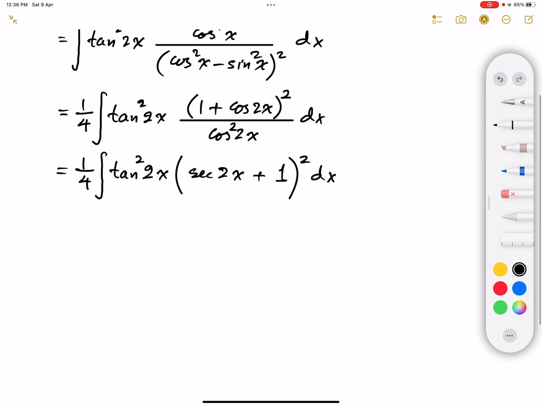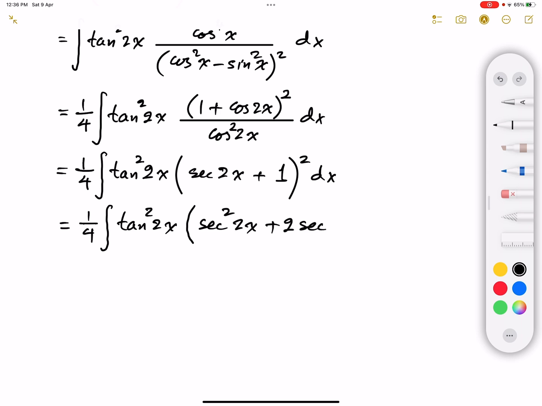Then we square the term between the parentheses. That gives us 1/4 the integral of tangent squared of 2x times the squared term, which is secant squared of 2x plus twice secant 2x plus 1, and dx outside.